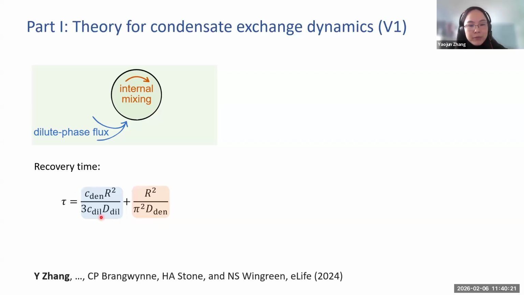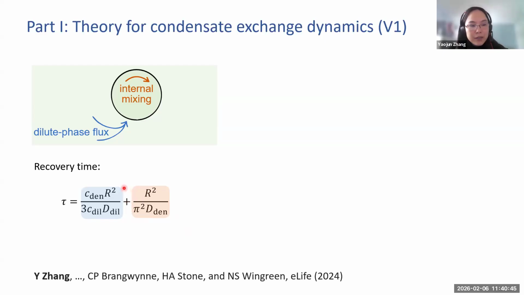Now, we also have a prefactor here in the dilute phase term. And this is because we are replacing a bleached droplet at a concentration that is C dense by the dilute phase molecules at a concentration of C dilute. Okay, so these are the two rate limiting processes, right?